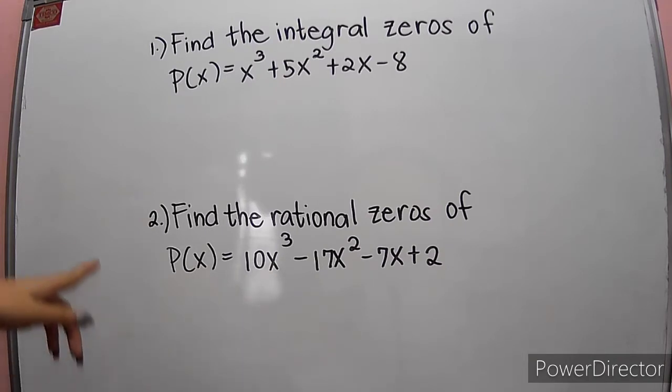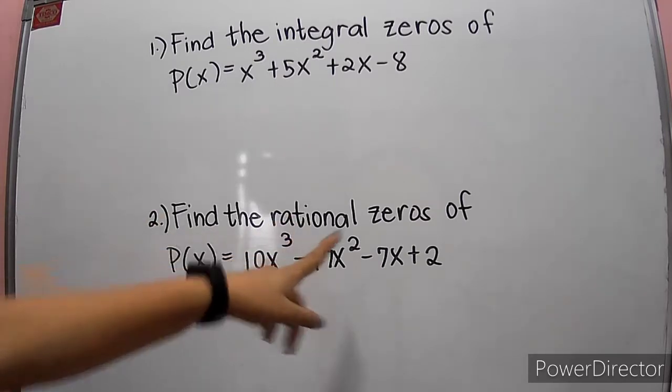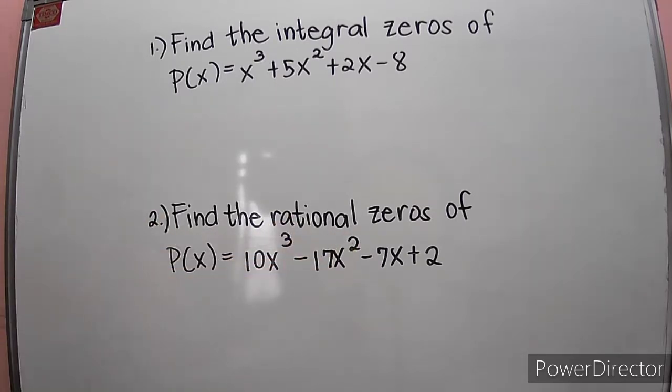And then, kapag naman rational zeros, it is a rational number p over q where q is not equal to 0 expressed in lowest term is a zero of a polynomial function p of x only if p is a factor of the constant term.